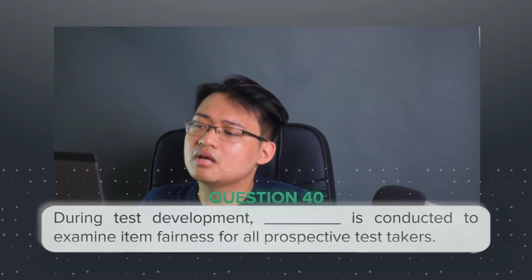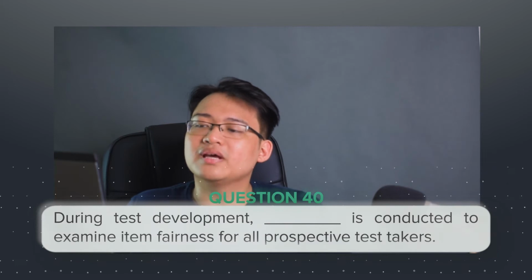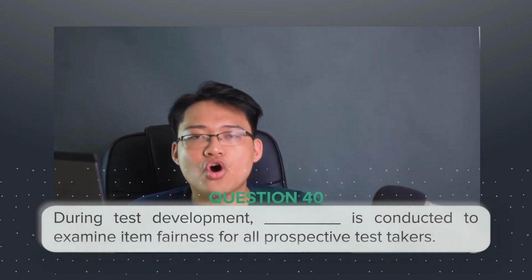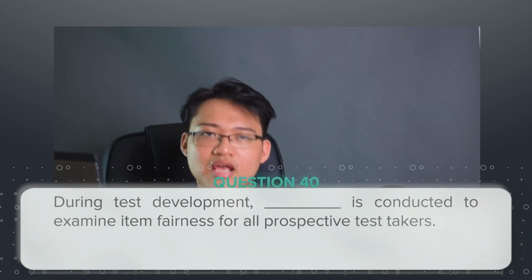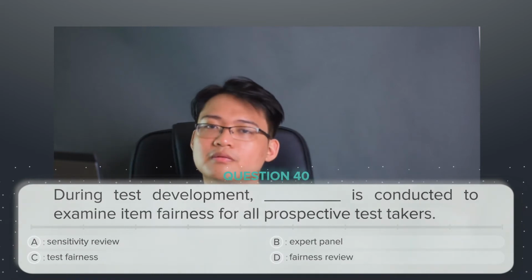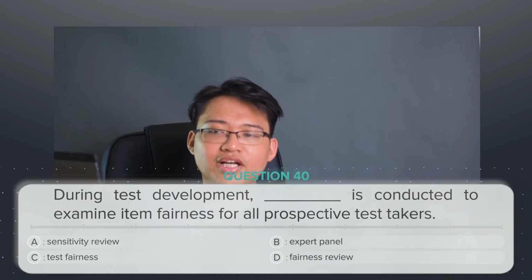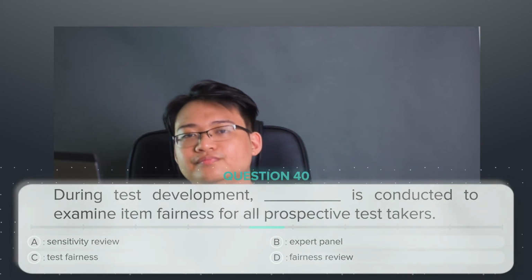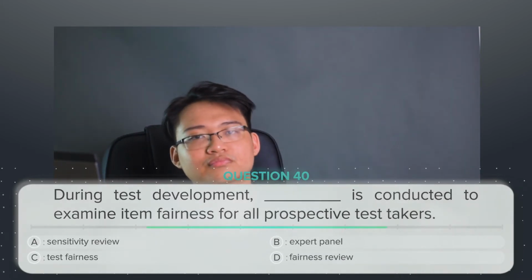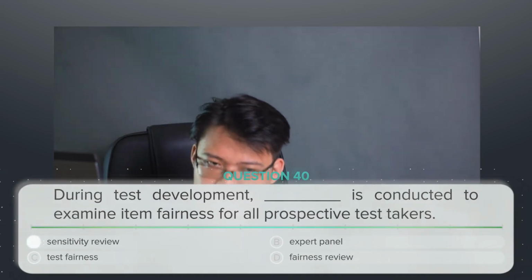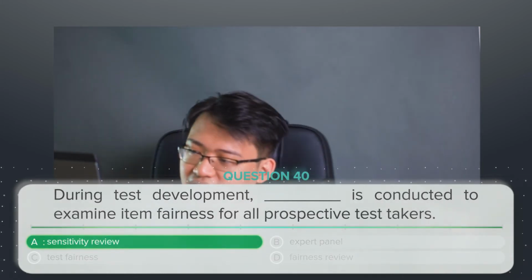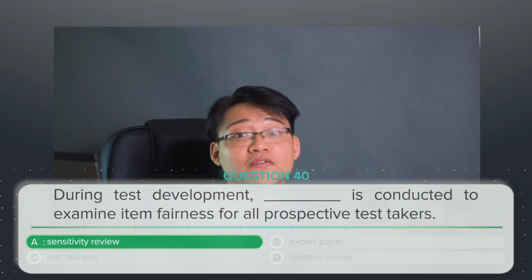During test development, blank is conducted to examine item fairness for all prospective test takers. A. Sensitivity review. B. Expert panel. C. Test fairness. Or D. Fairness review. The correct answer is letter A, sensitivity review. So this is just a question of definition.